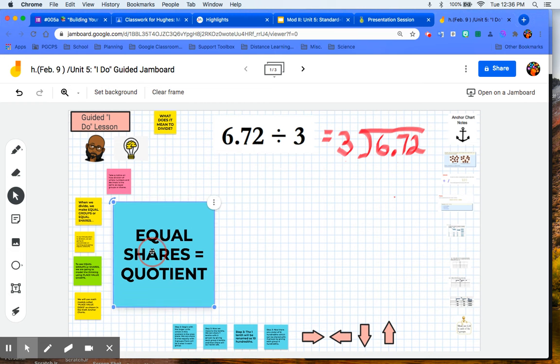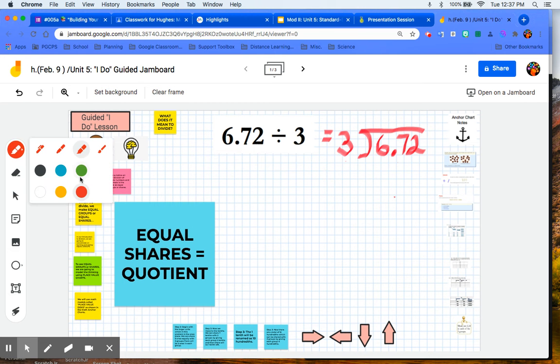The equal shares, or the quotient, is the answer that you usually would put on top of the dividend box, or what you would say equals.